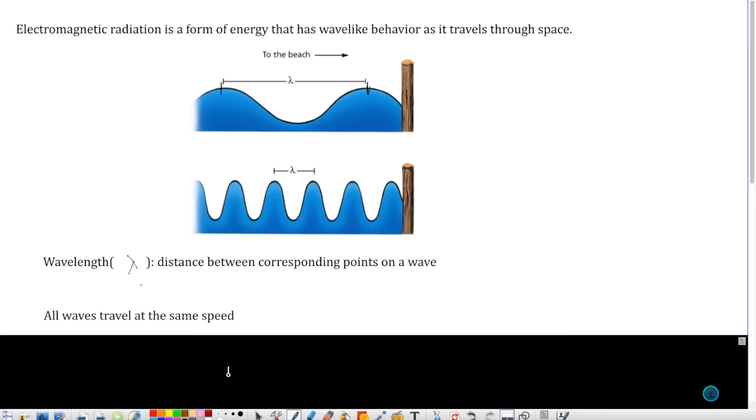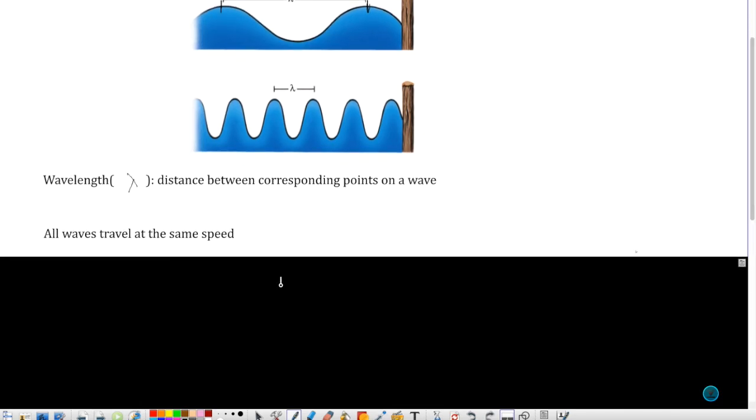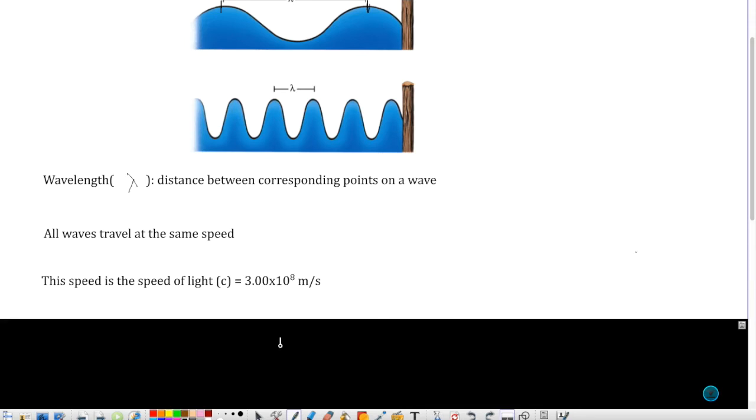And electromagnetic radiation also travels through space, through air, through a vacuum, all roughly at the same speed. Since the speed of light is a constant, we give it a value, c, which is 3.00 times 10 to the 8th meters per second. And if you're wondering, yes, this is where E equals mc squared, that c is the same.